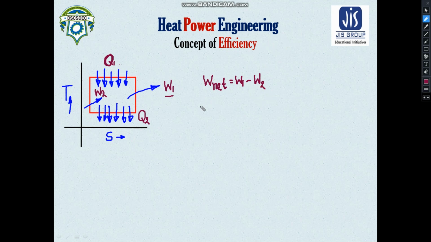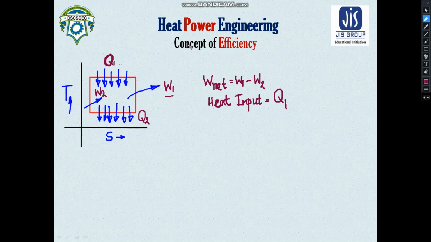And what is the heat input? If you write heat input, then it is only Q1, because of this heat input the system is able to transfer this work. So heat input would be simply equal to Q1. Any concept of efficiency would be discussed from this basic and fundamental point of view.